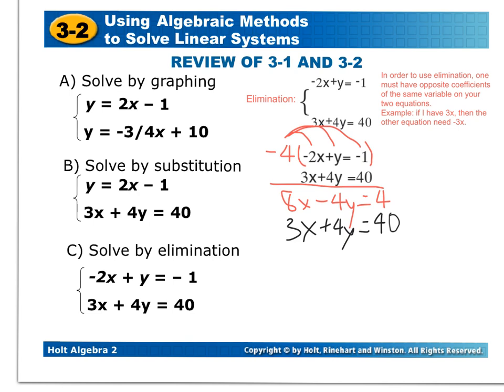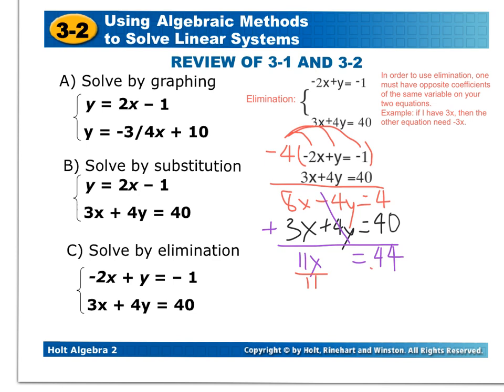Now we add the two equations, x's with x's, so that gives me 11x. Here the y's cancel, and this is left with 44. From here then, we see we're just solving for x.